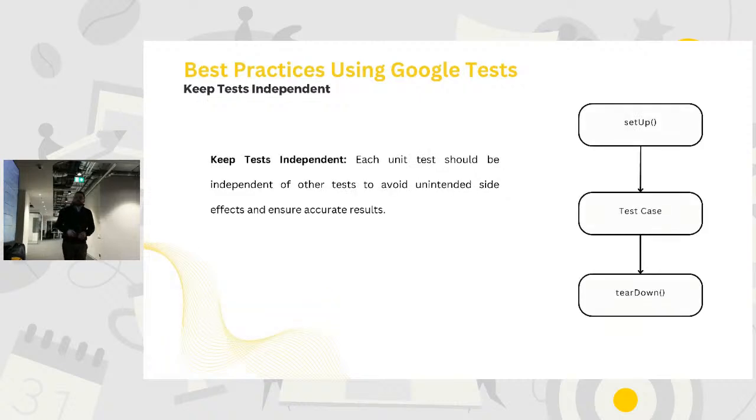Keep the tests independent, as I referred to before, using the same structure: setup, test case, teardown. It's using the class for features. And as I said, it's really important to keep tests independent, because sometimes in some projects we update one test case, and imagine one test case is failing, you update it, and then you have 5 test cases failing.